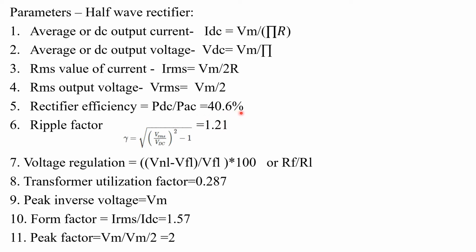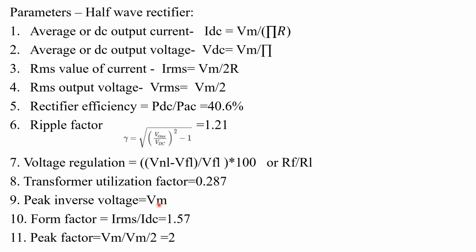we will get it as 40.6%. Ripple factor, which is normally represented by the letter gamma, is equal to the square root of (Vrms by Vdc) the whole squared minus 1, and its value will be 1.21 for a half wave rectifier.